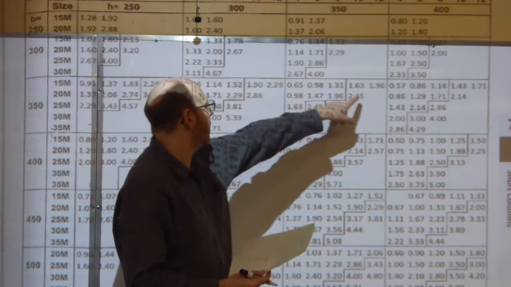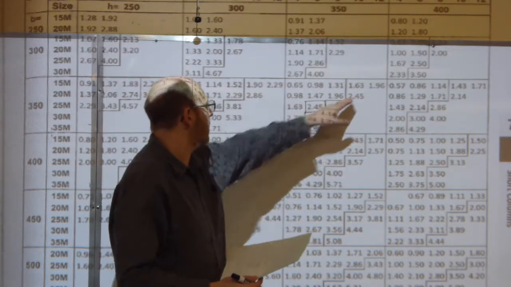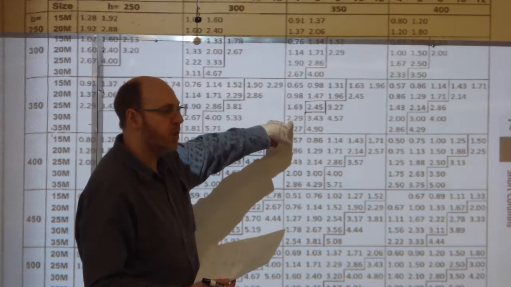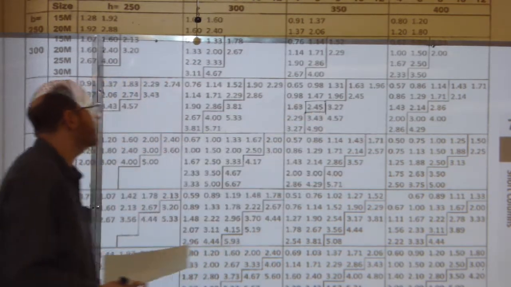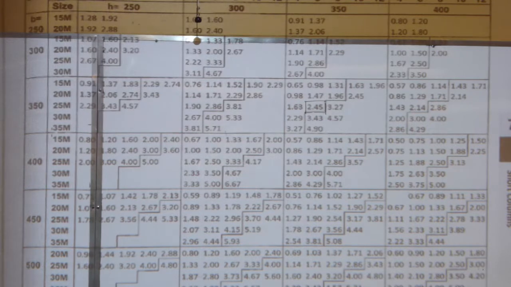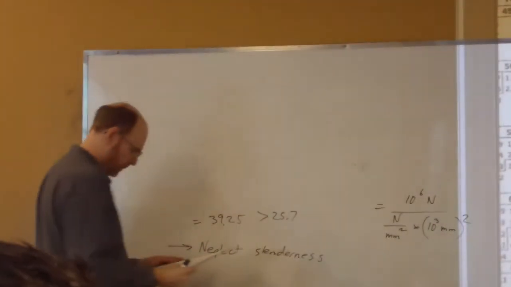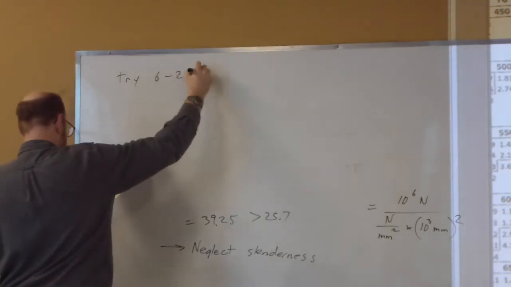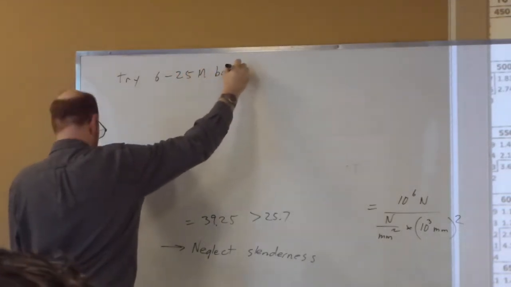So 2.45 or 2.45, those are kind of the two choices we're looking at. Maybe that one might work. We could try it. But we're going to try here with 6 25M bars.